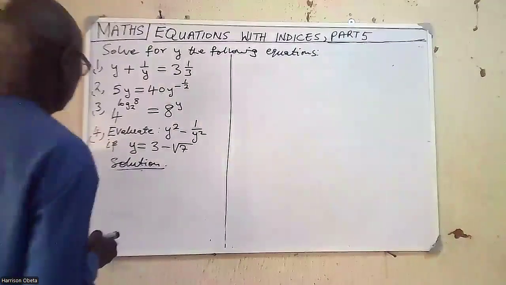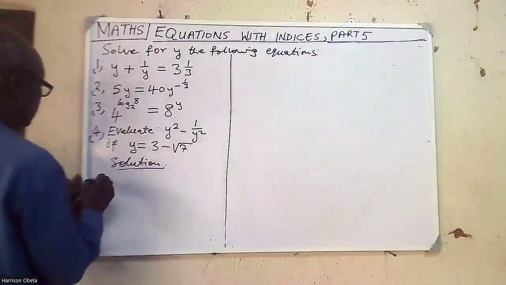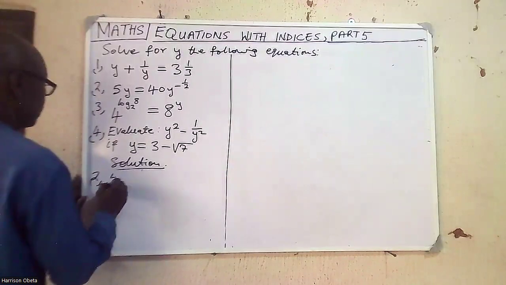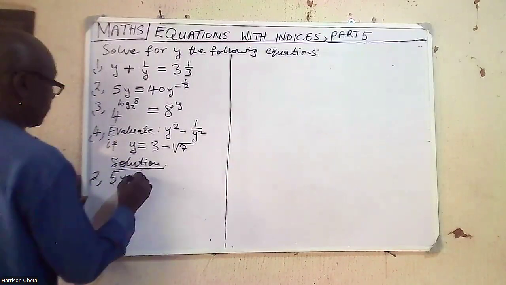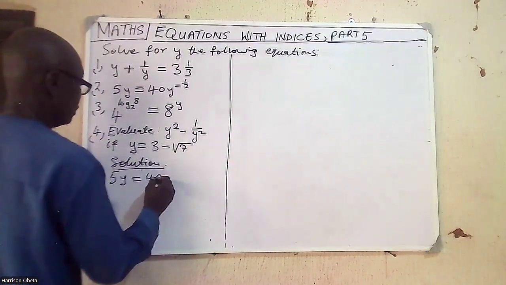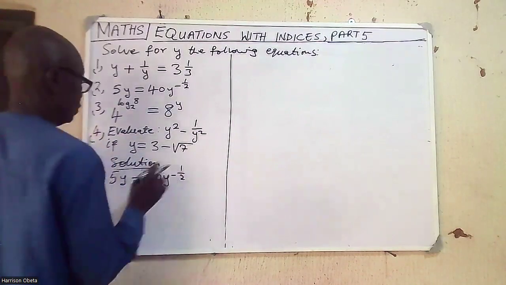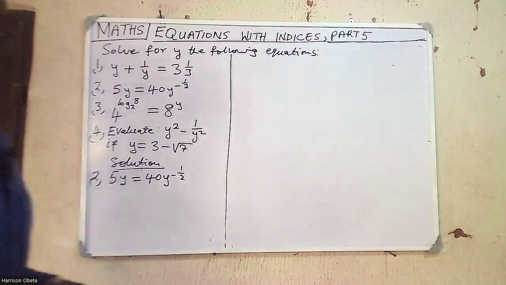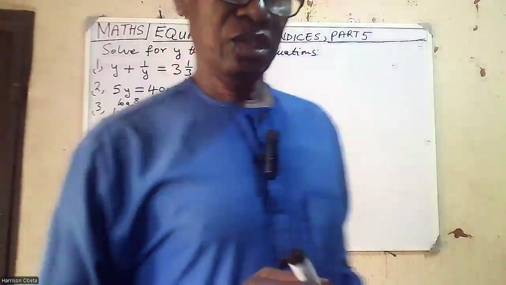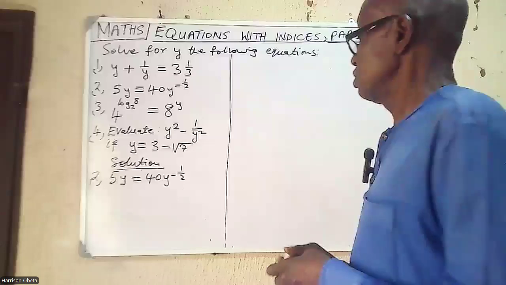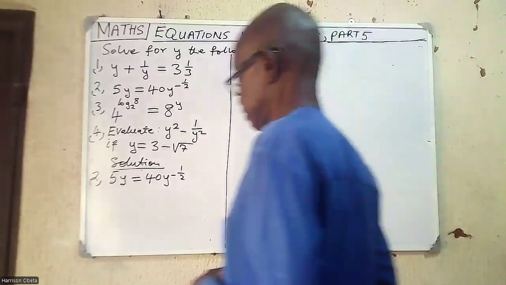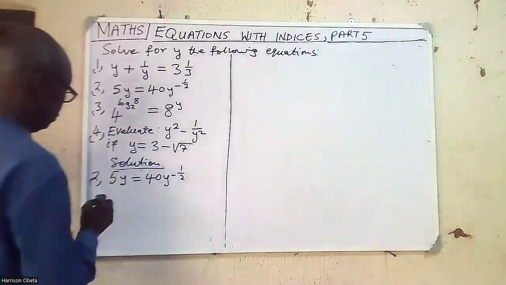Okay, number 2, we have 5y is equal to 40, y raised to minus 1 over 2, and we have to find the value of y. So the first thing we have to do is to divide through by 5 before we move on.